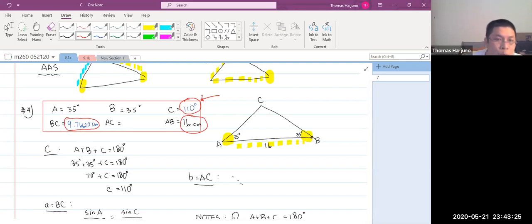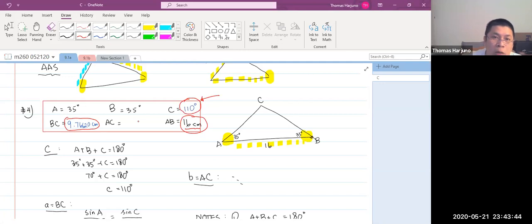Because that's an obtuse angle, this side must be the longest one. So I know my answer for BC and AC has to be less than 16. Are you with me?